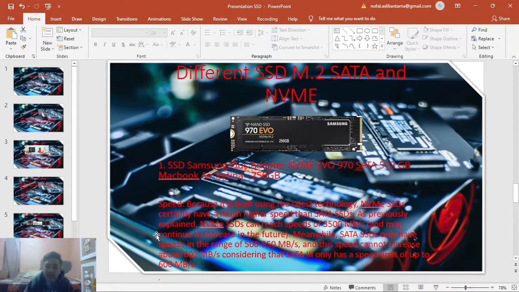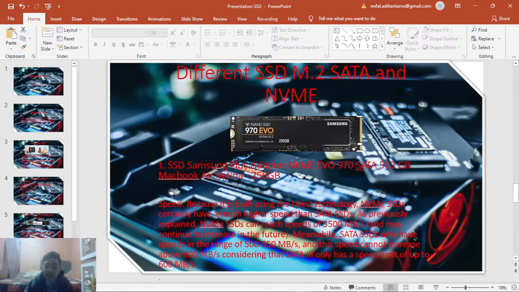NVMe SSDs generally have a much higher speed than SATA SSDs. As previously explained, NVMe SSDs can reach speeds of 3115 megabyte per second and may continue to increase in the future.